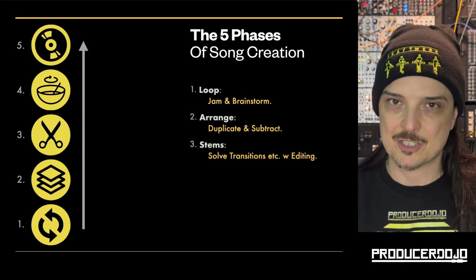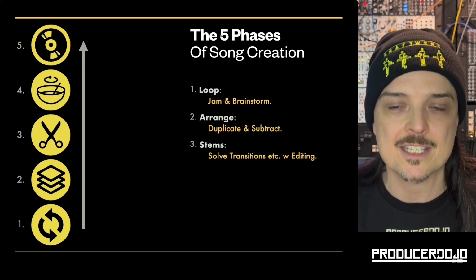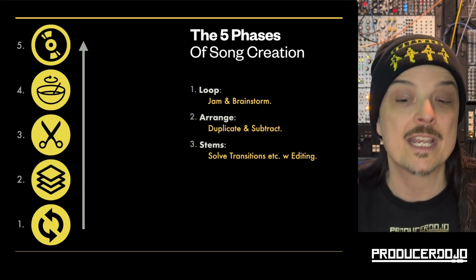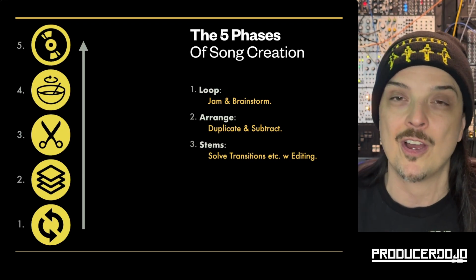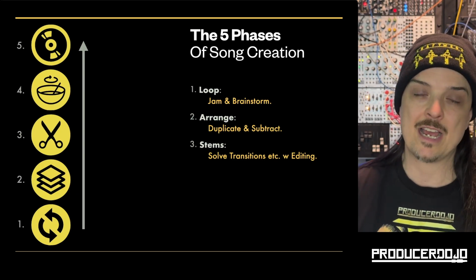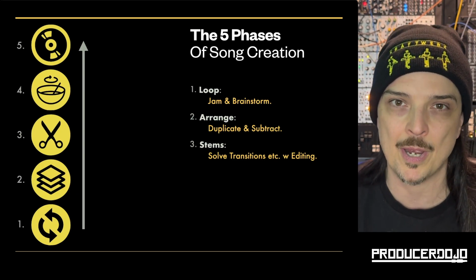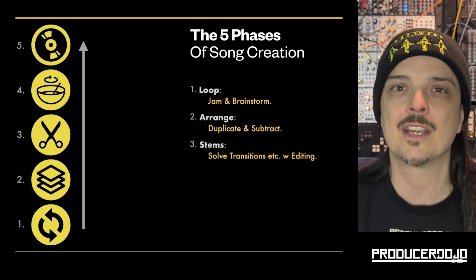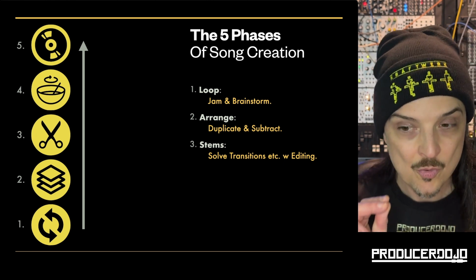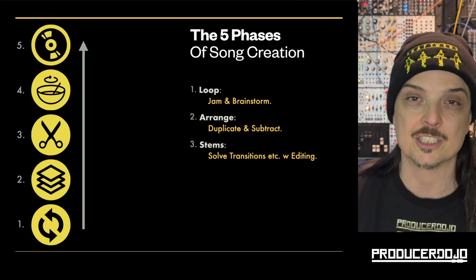Phase 3, which is where you go to stems and essentially remix those stems as a way to solve problems like transitions, build-ups, dance flow, sometimes sound design. Sometimes you'll remake whole channels in this mode, but the audio editing remix style manipulations that you can perform only on rendered stems are extremely useful for finishing tracks.